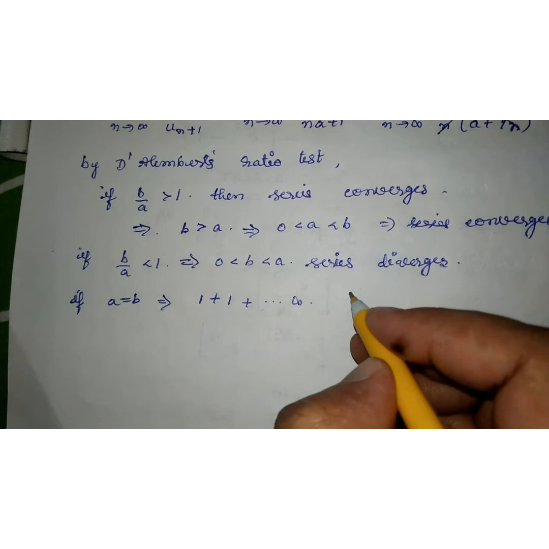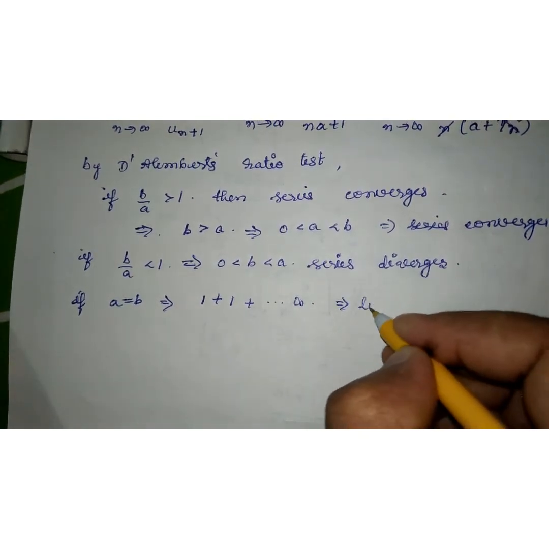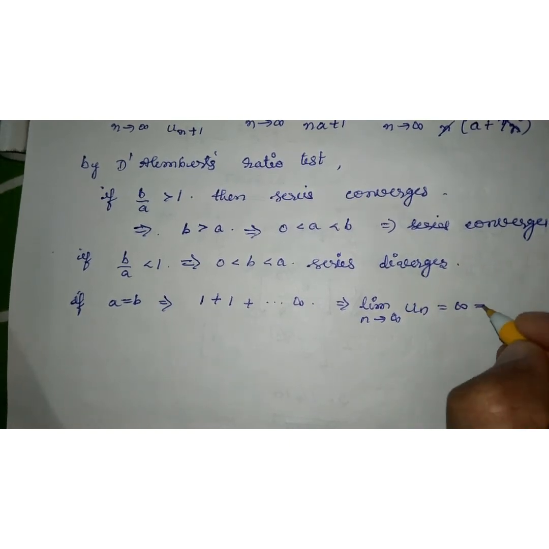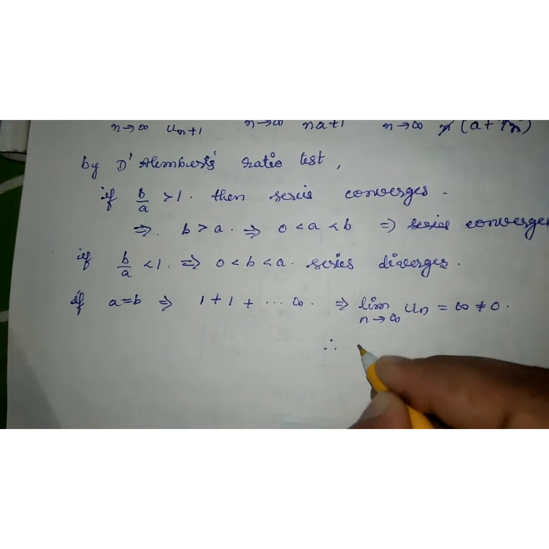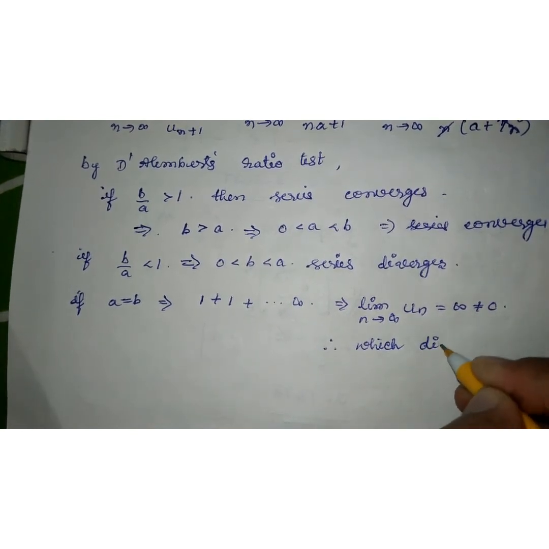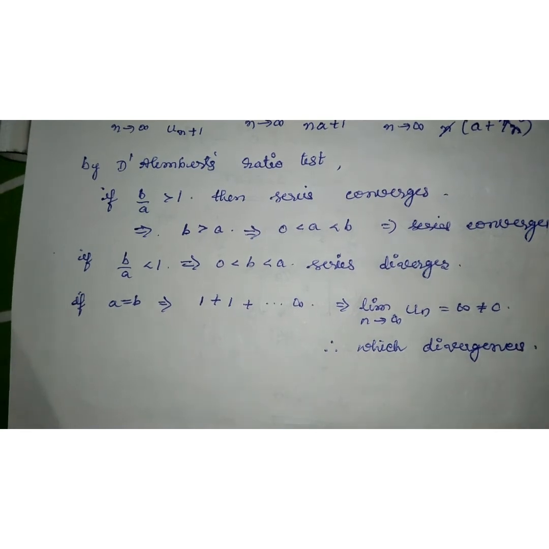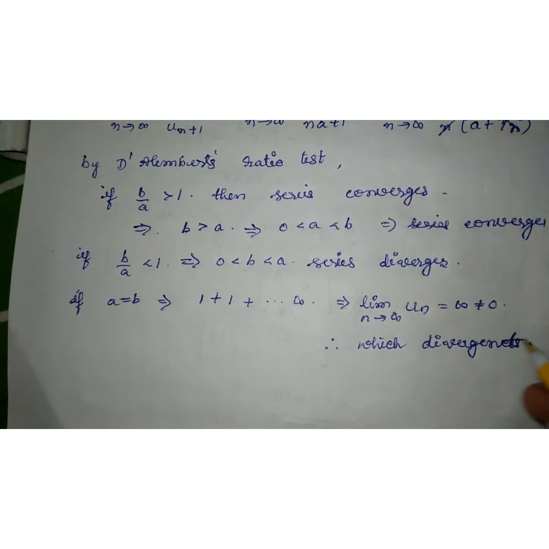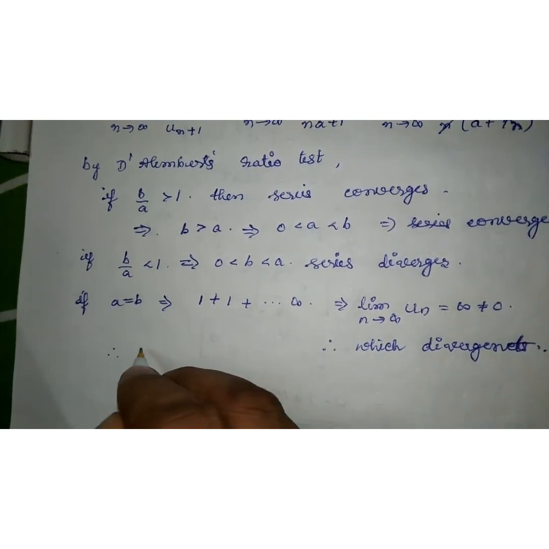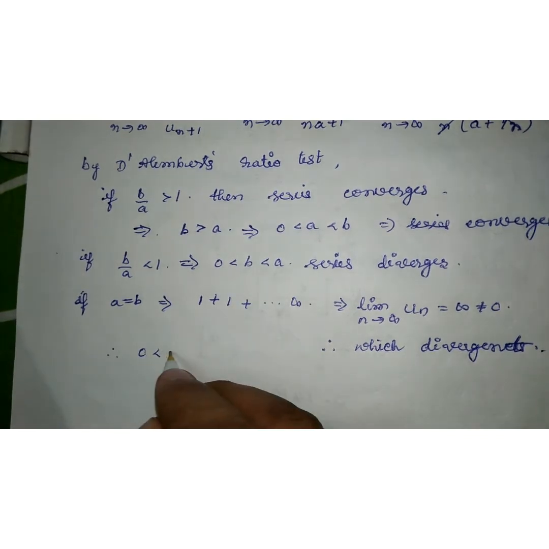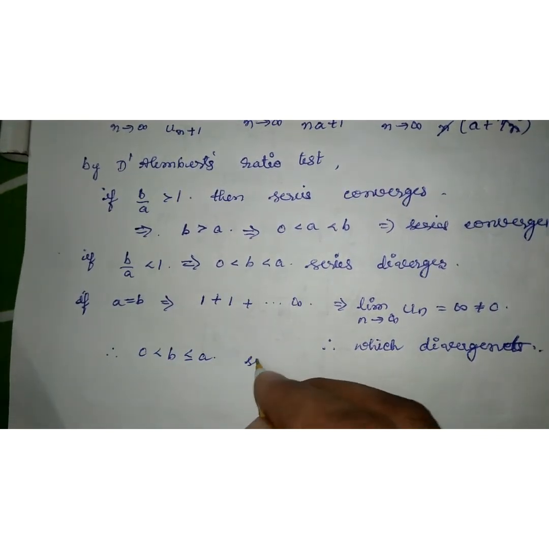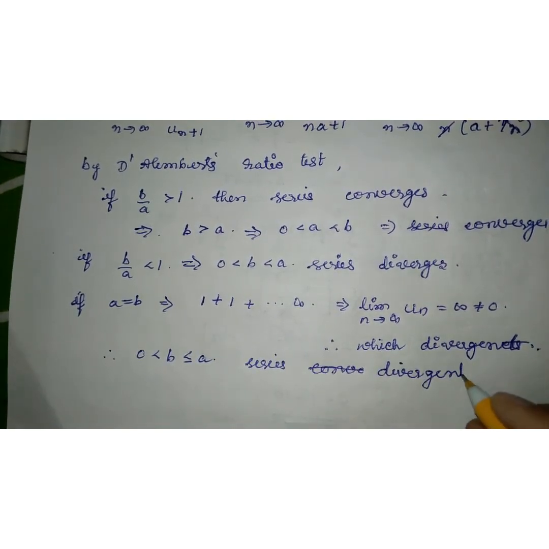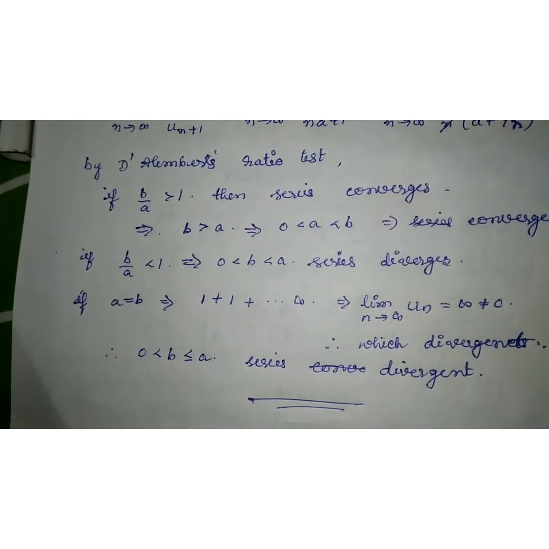When you apply the limit, limit n tends to infinity of un is not equal to 0. Therefore the series is divergent, by the test for convergence. Therefore whenever 0 less than b less than or equal to a, the series is divergent. So let us move on to the next problem.